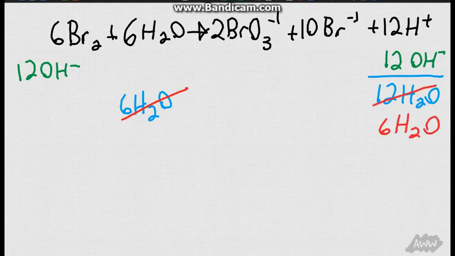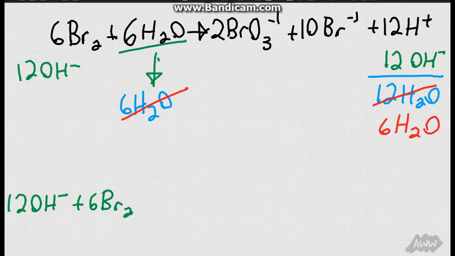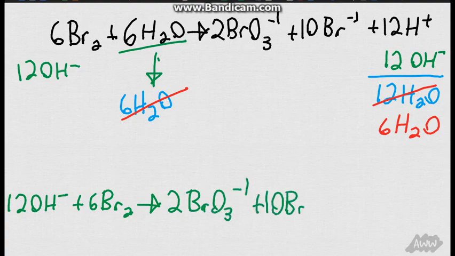And so our final reaction would look like 12 hydroxide molecules plus 6Br2. Now the 6 waters we've canceled out, going to 2BrO3 minus 1 plus 10Br minus 1 plus 6H2O.